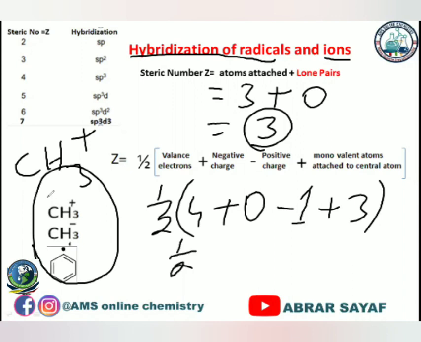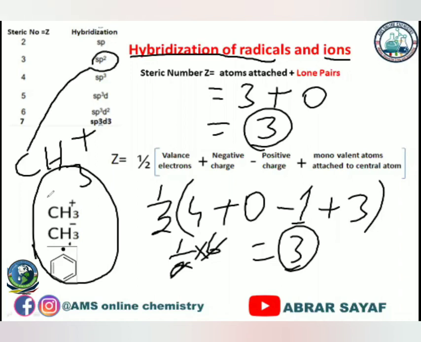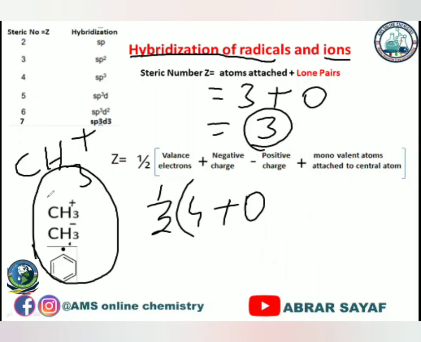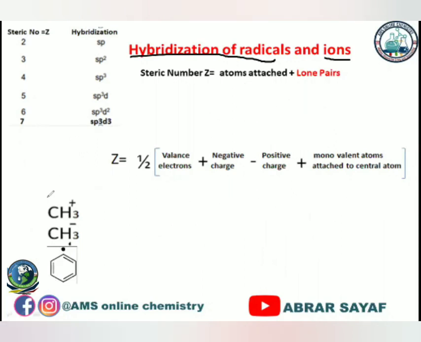So 4 minus 1 is equal to 3, into 3, 6. So the steric number is 6. When the steric number is 3, the hybridization will be sp2. Now, the next example, that is CH3 negative.